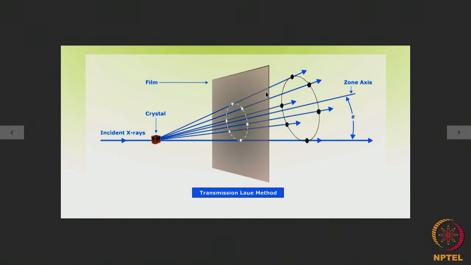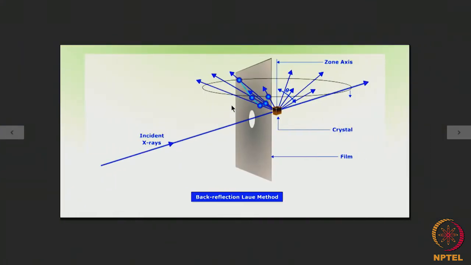Now, the reason for this will be quite clear from these diagrams. This shows that when we have the transmission method, then a number of planes which form a zone in the crystal, the diffracted radiations from all those planes in the zone will come out in the form of a cone of radiation, and that cone will intercept the film in the form of an ellipse.